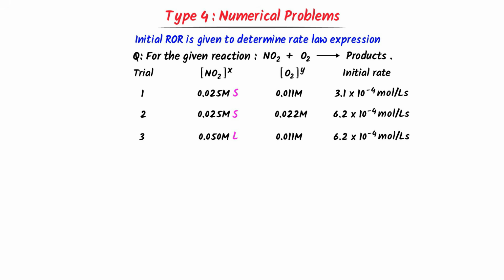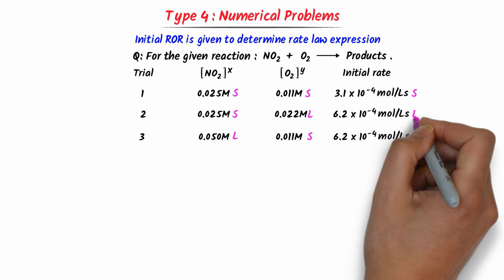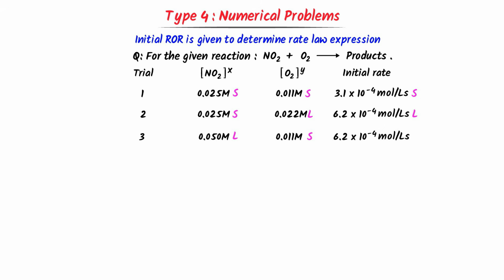Similarly, I say 0.011 is a smaller value because it is the initial value of oxygen. 0.022 is a larger value and 0.011 is again a smaller value. Similarly, 3.1 is a smaller value because it is the initial rate. 6.2 is a larger value and 6.2 is again a larger value.